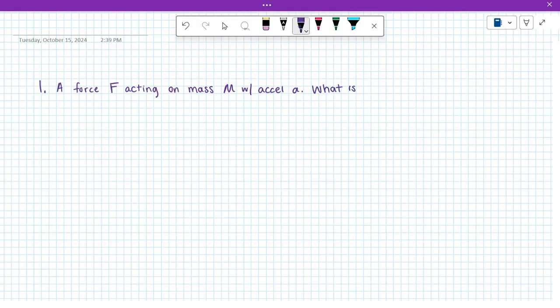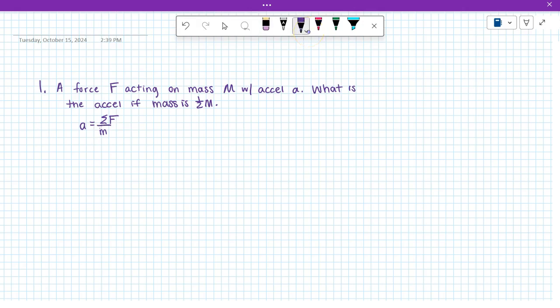What is the acceleration if the mass is 1/2 m? This is like those if-then statements. If I halve the mass, how does the acceleration change? From Newton's second law, we know that acceleration is equal to net force over mass.